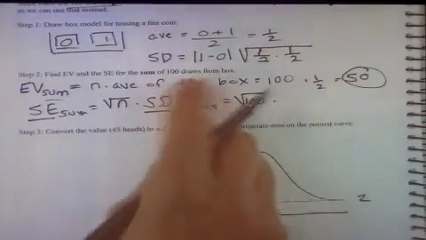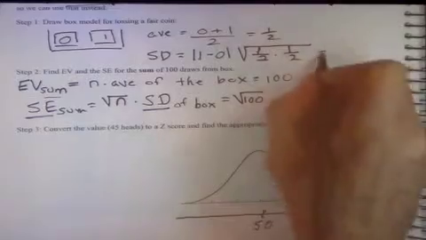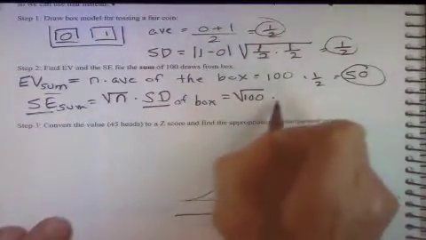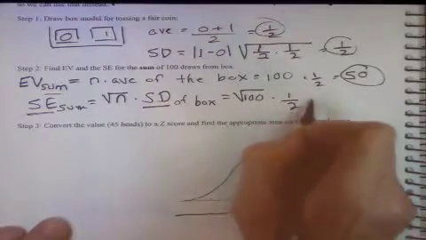So we have 1 times the square root of a quarter, which is 1/2. Okay, so we've got those. So we have the square root of 100, which is 10, times 1/2.